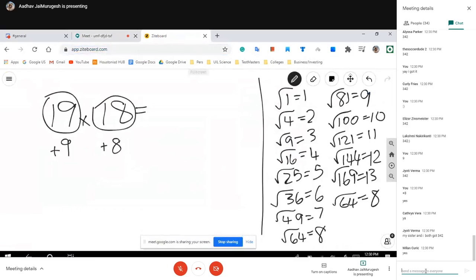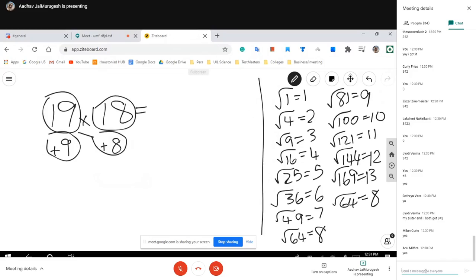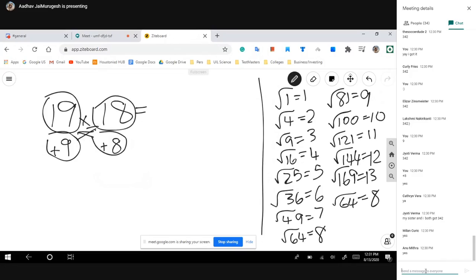So the next step is adding one of these numbers to either one of these two. I'm gonna choose to add 9 to 18. I'm gonna write it down over here so it's more clear.